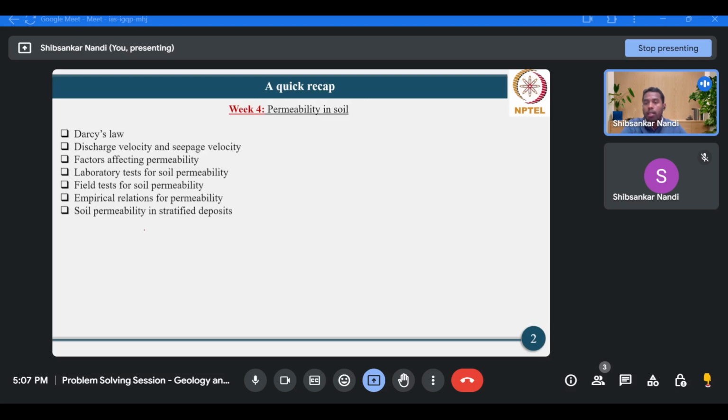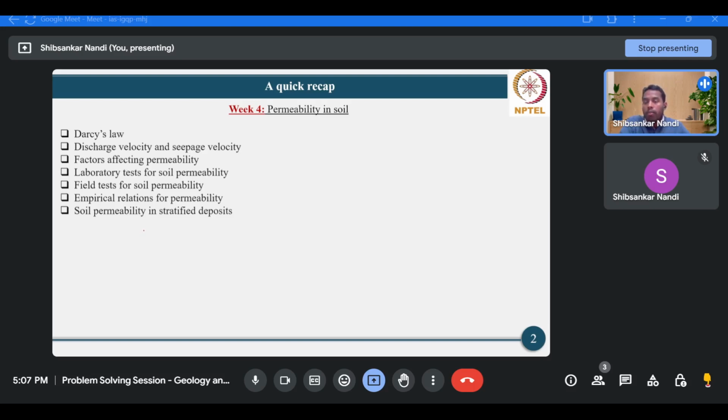Under the laboratory test, there are the constant head permeability test and the falling head permeability test. We'll see what these tests are in due course of this session.